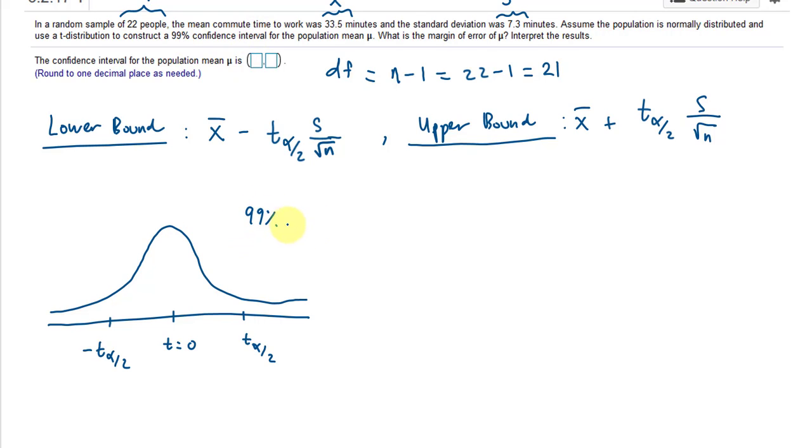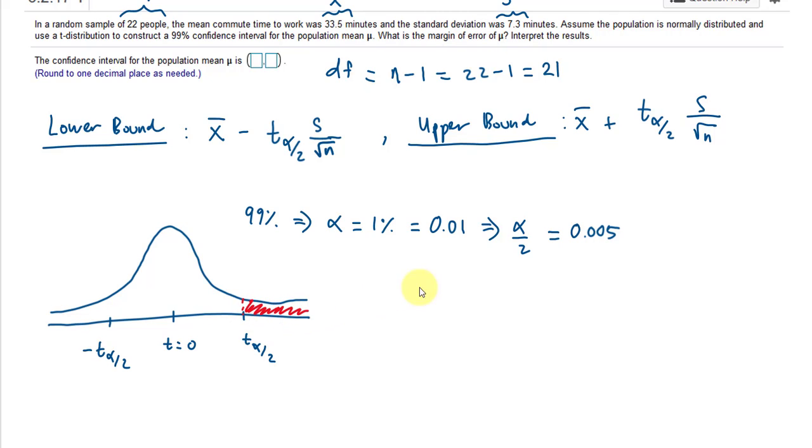That tells you that your alpha is the remaining percentage, 1%, or 0.01. To find alpha over 2, you just divide by 2, and that is 0.005. Remember, alpha over 2 is the area to the right of t alpha over 2.